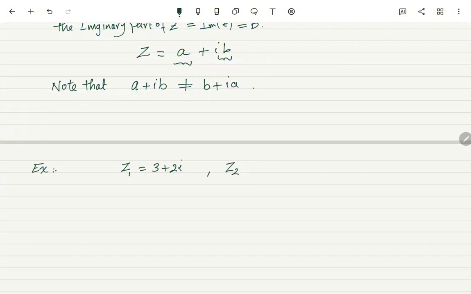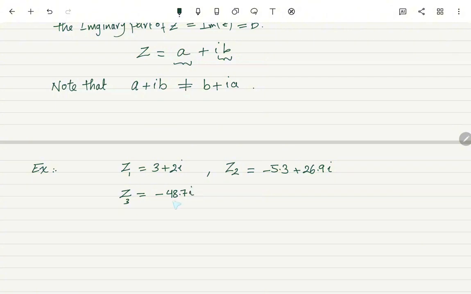Now z2 as another example is equal to minus 5.3 plus 26.9i, and again the real part is equal to minus 5.3 and the imaginary part is equal to 26.9.